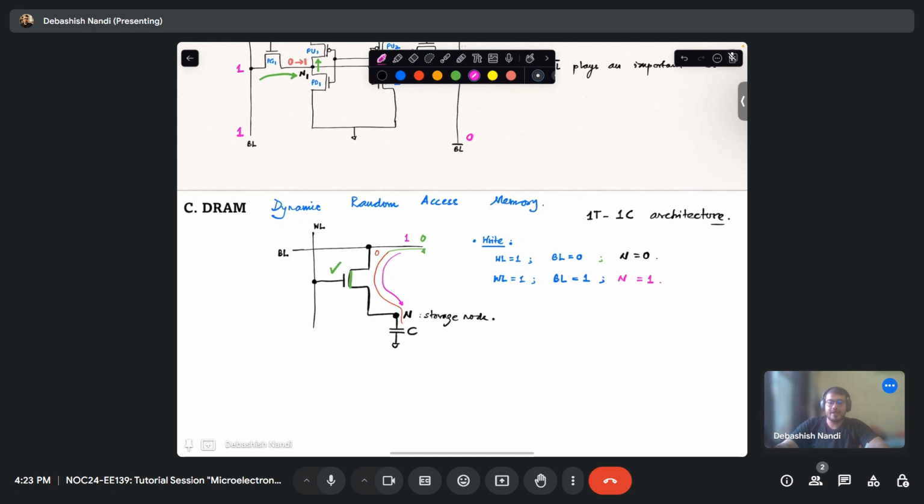Okay, this is how you write values. Before that, let me just tell you that this capacitance is not a discrete one.